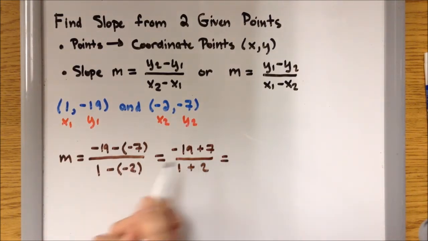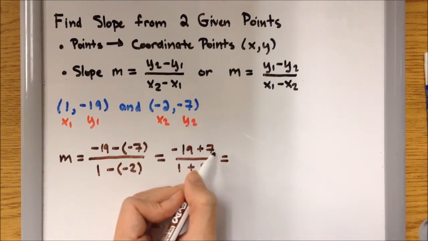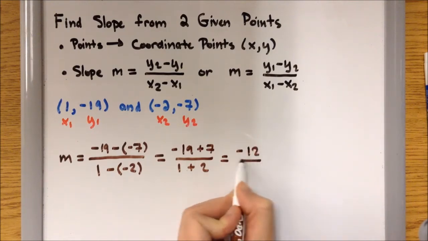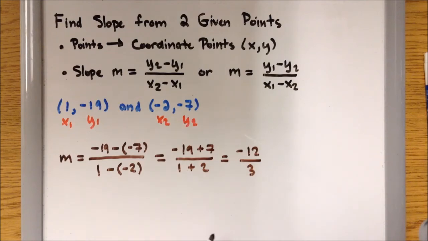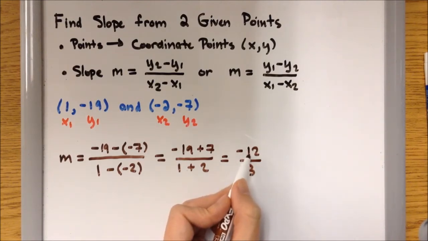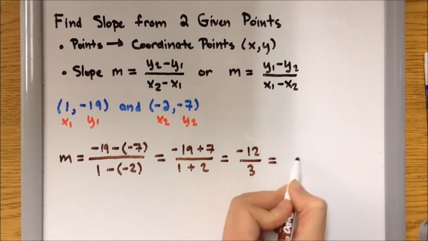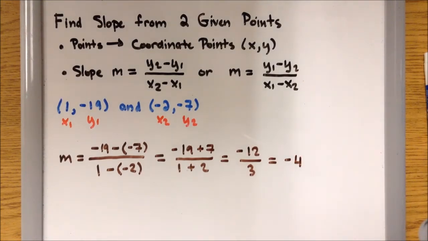Next, the numerator, negative 19 plus 7, becomes negative 12, over 1 plus 2, which is 3. Now I can simplify this because 3 goes into negative 12 four times. So negative 12 divided by 3 is negative 4. So that will be our slope.